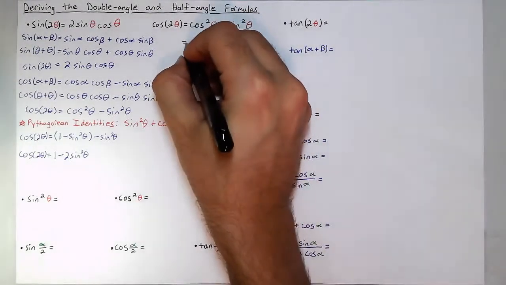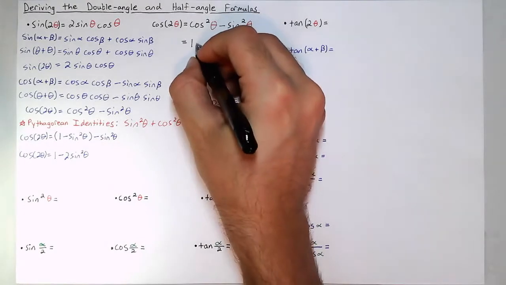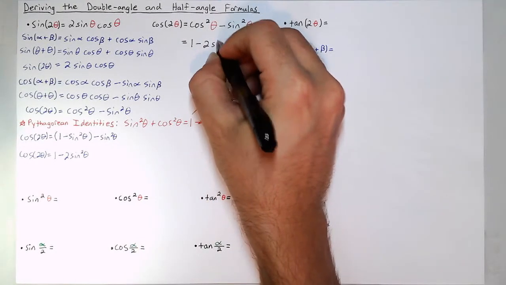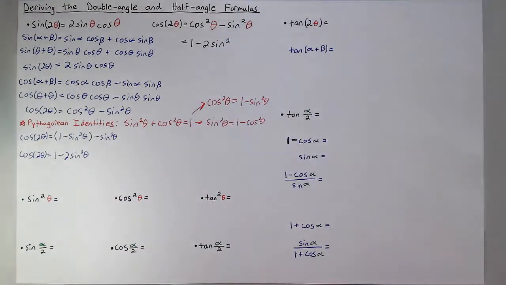So there are 2 ways to write cosine of 2 theta, another one being 1 minus 2 sine squared of theta.